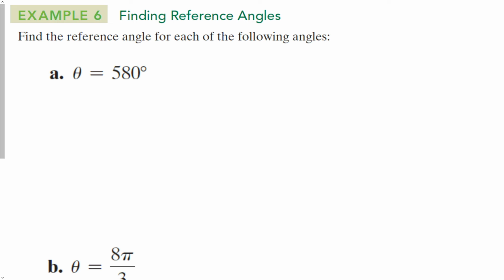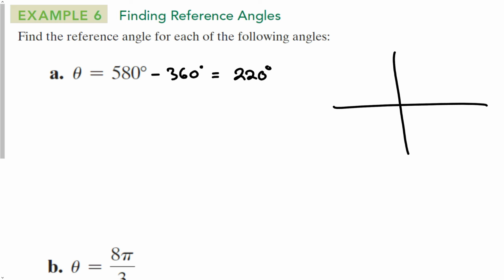So, again, how do we do this? We just say, okay, 580 degrees, that's too big. Subtract 360, and we get 220. Okay, that is an angle in between 0 and 360. Where is it? 220. All right, that's 90, that's 180, that's 270, 220, right there.